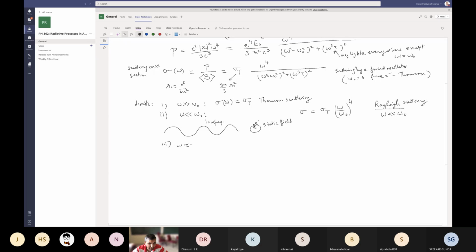For omega close to omega naught, near resonance, what happens in that case? We can write omega squared minus omega naught squared equals omega minus omega naught times omega plus omega naught, which is nothing but twice omega naught times omega minus omega naught. So for sigma omega, we are basically replacing omega by omega naught everywhere except where omega minus omega naught appears.